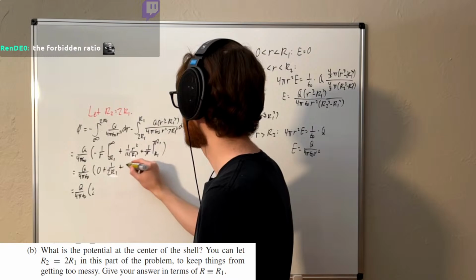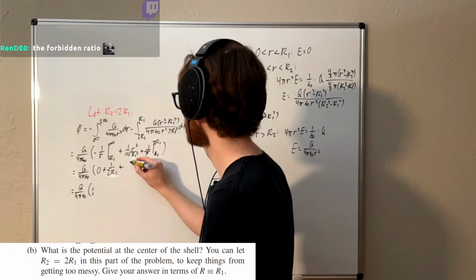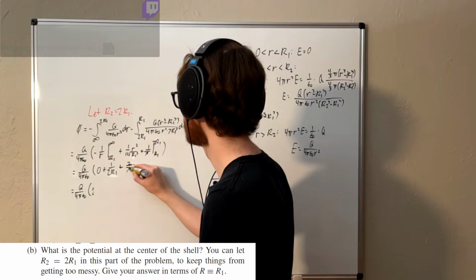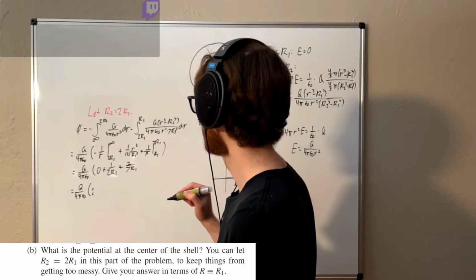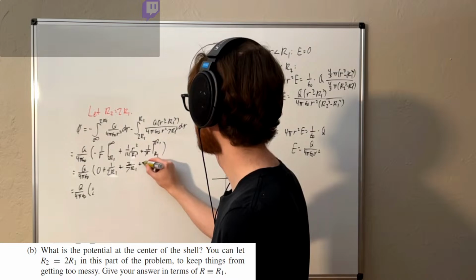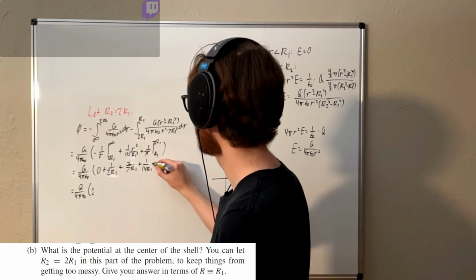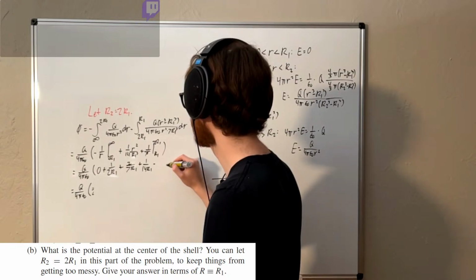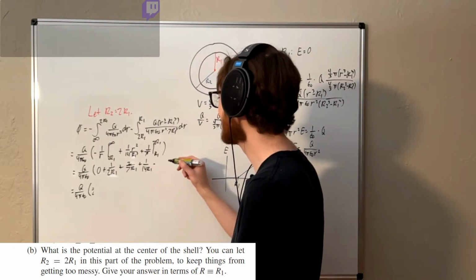Now over here, 1 over 14 R1. The numbers are so much uglier now. I preferred it with the mistake that I made, so the numbers were cleaner.